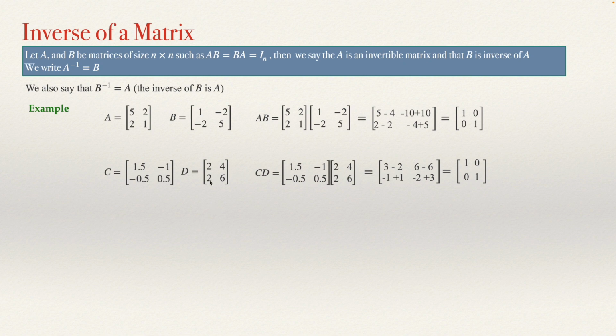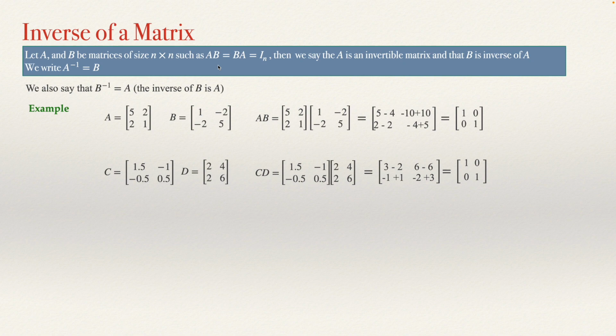You can multiply D times C just for you to try, and you will notice that the answer will be the same. So anytime that AB is the identity, then BA will also be the identity. That will be a property. I know that multiplication of matrices is not a commutative operation.